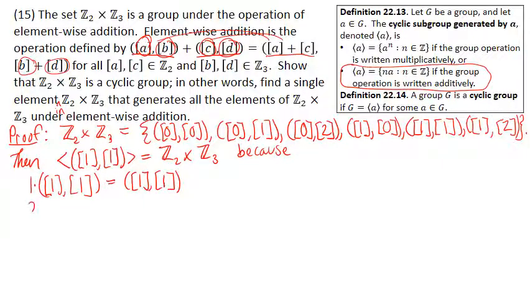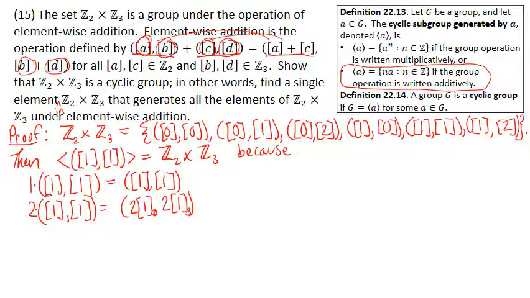Then 2 times 1, 1. This is going to be 2 times 1 and 2 times 1. Here's where it starts to get weird, because these are not the same thing. The first congruence class is congruence modulo 2, and the second is congruence modulo 3.